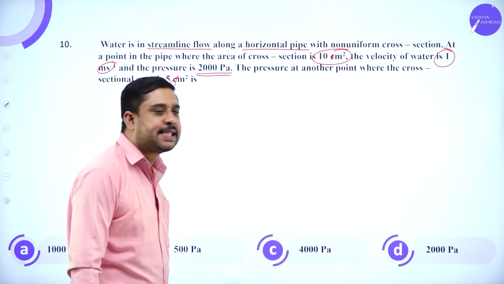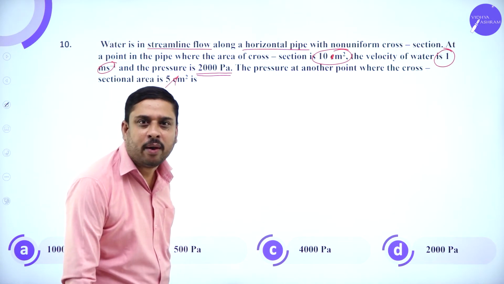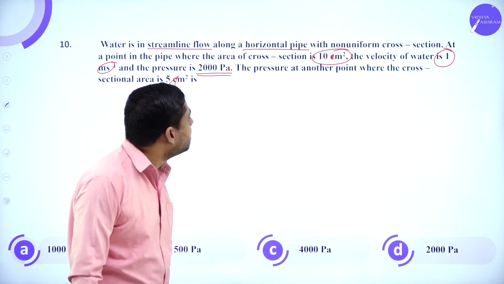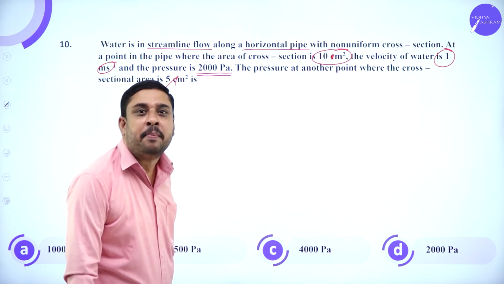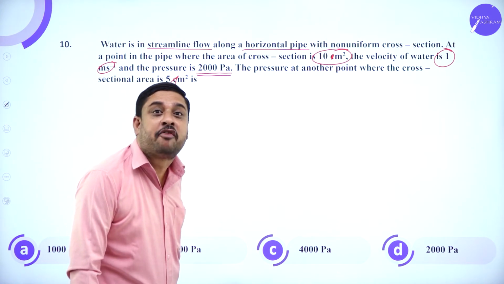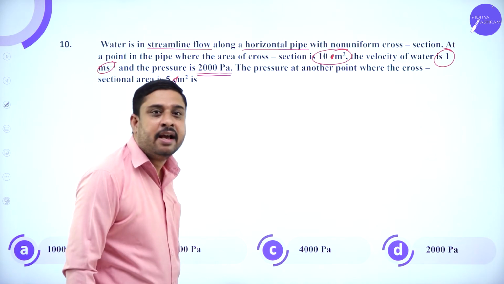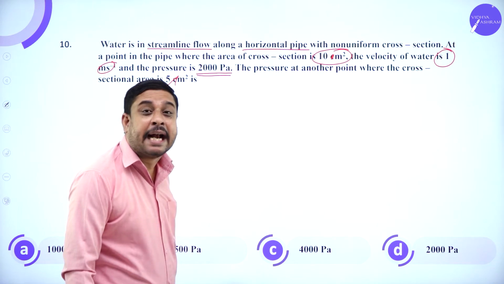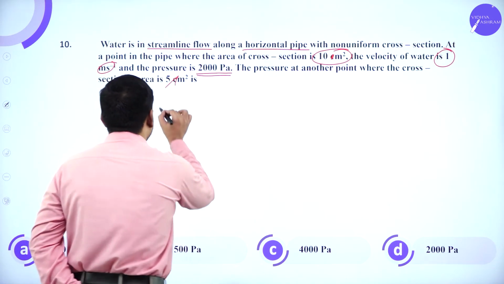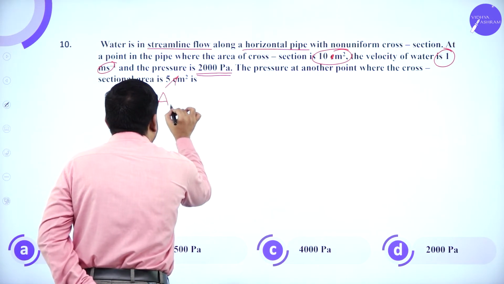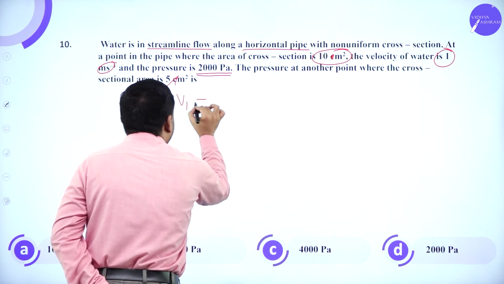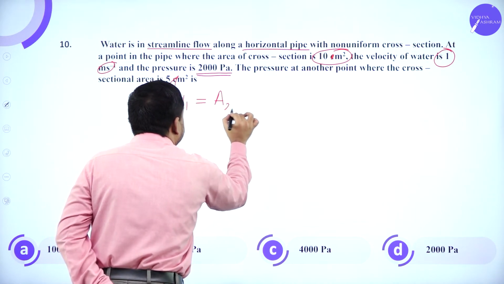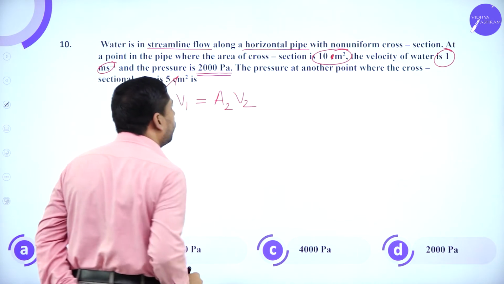Now, since it is streamline flow, I will first use my equation of continuity and find the velocity at the second point. So, equation of continuity says A1 V1 is A2 V2.